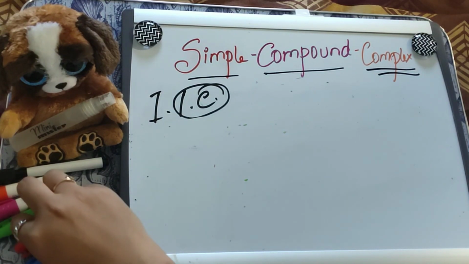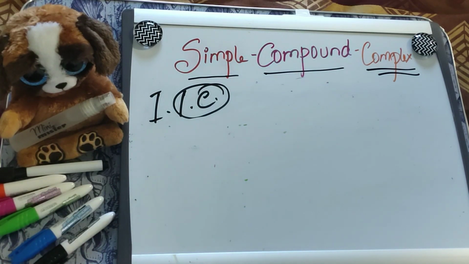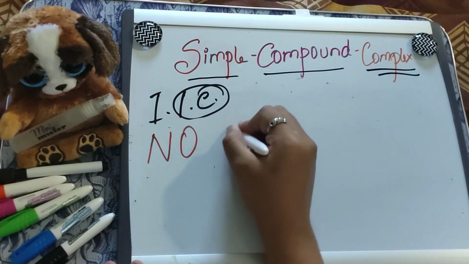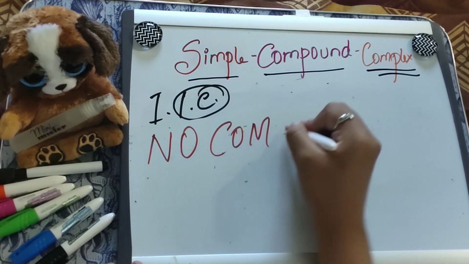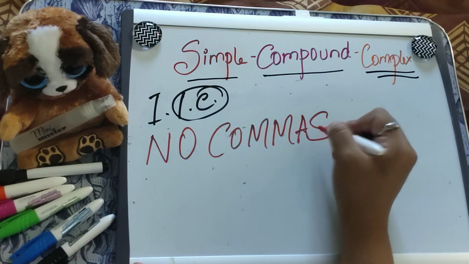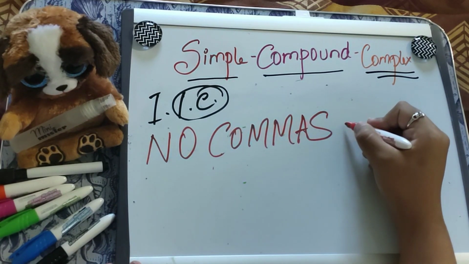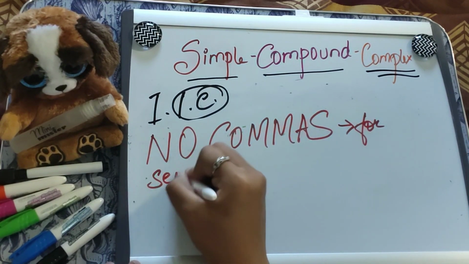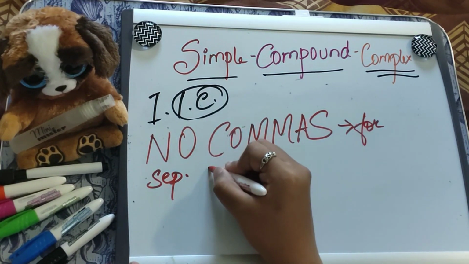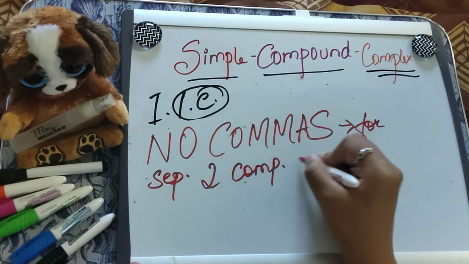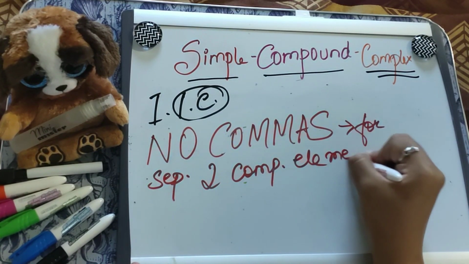For simple sentences, the major rule is no commas to separate compound elements.